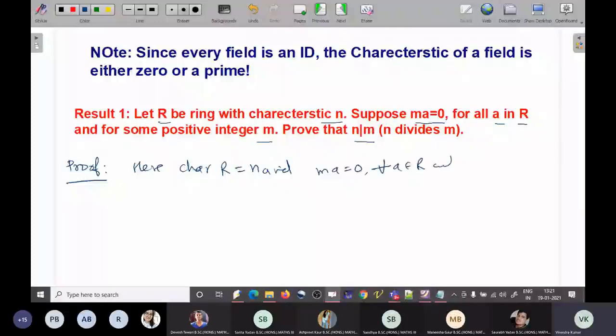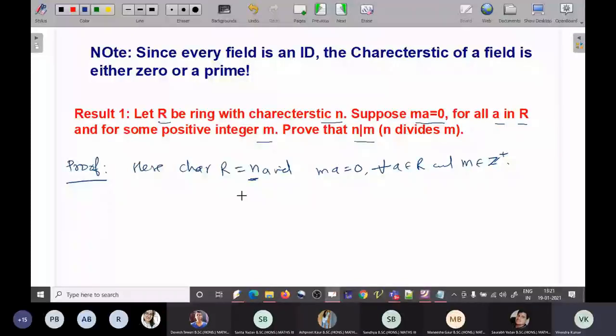Since the characteristic of R is n, this would be the smallest such integer. And it is also given that m times a equals 0 for all a belongs to R and m belongs to the set of positive integers. One thing we note is that because n is the least, the characteristic of R equals n.